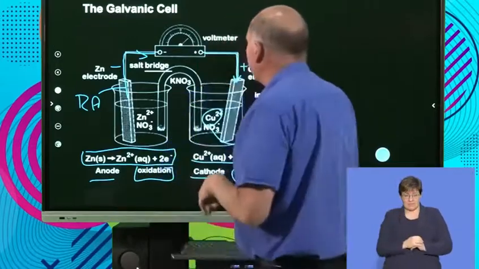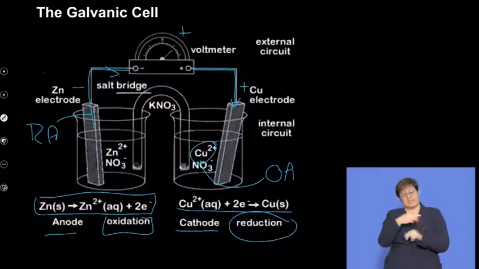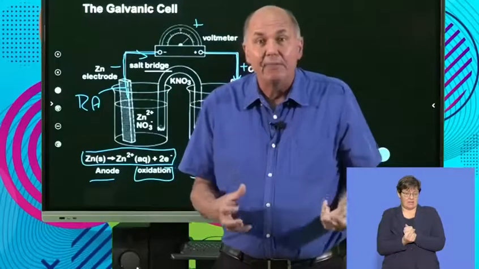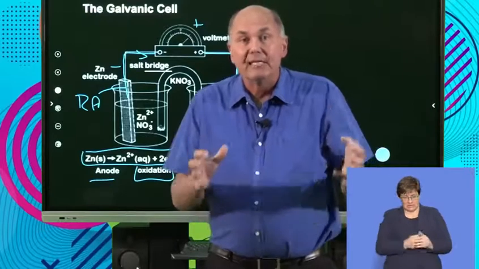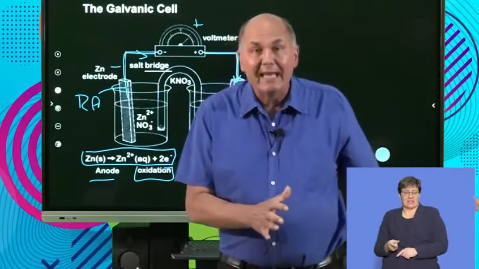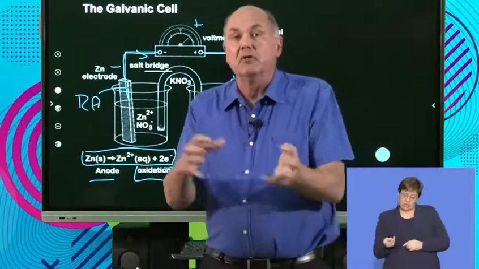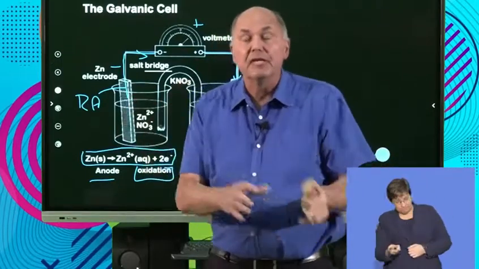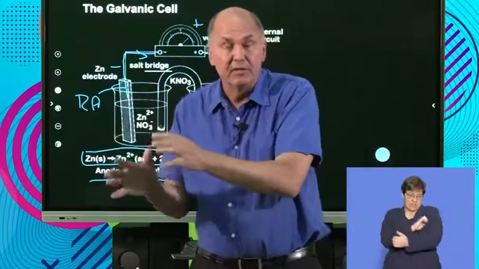In this case, I want you to notice that this is a positive reading, telling us that this reaction is a spontaneous reaction. It happens without any energy because this is a galvanic cell. It's one in which chemical potential is converted into electrical potential energy.